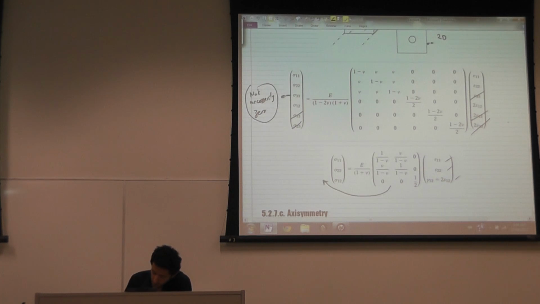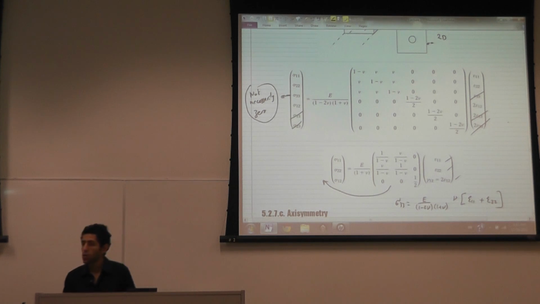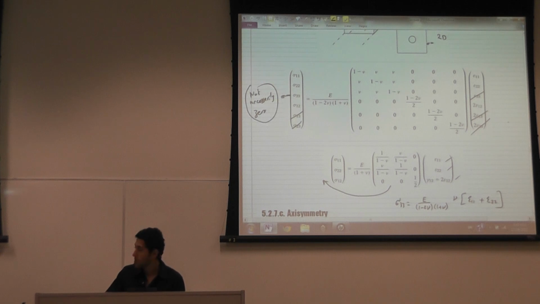Again, this is invertible, and you get another value for sigma 3,3 that says sigma 3,3 is equal to a number multiplied by epsilon 1,1 plus epsilon 2,2. And so you're able to minimize the number of unknowns and solve the problem based on this assumption.